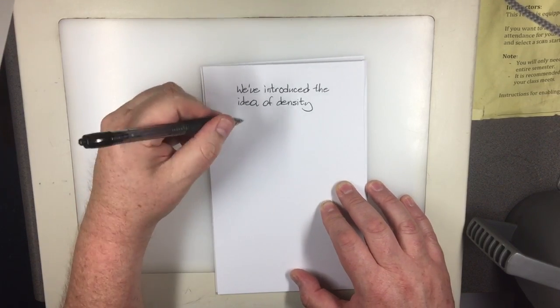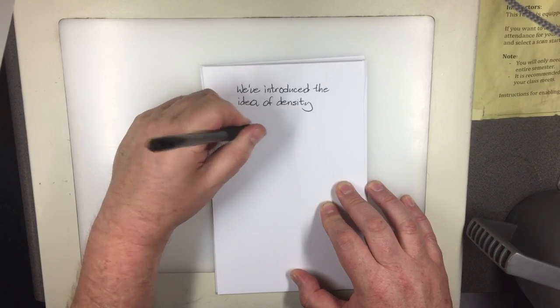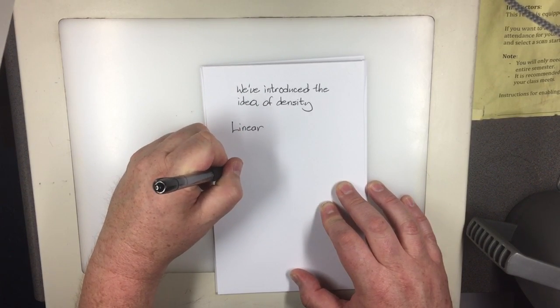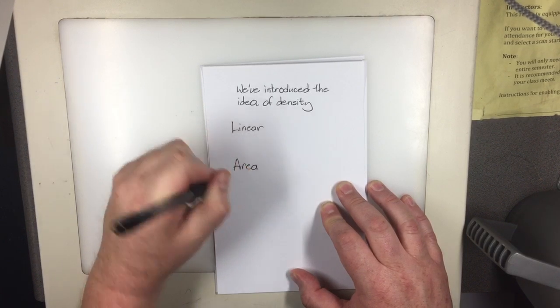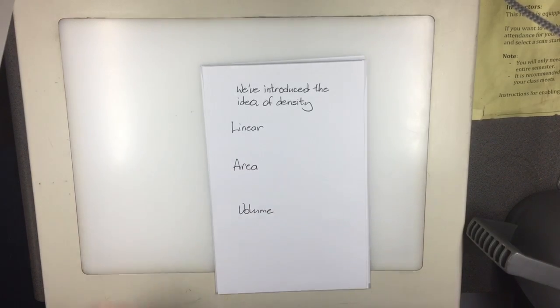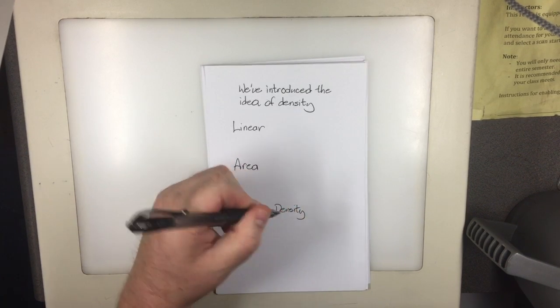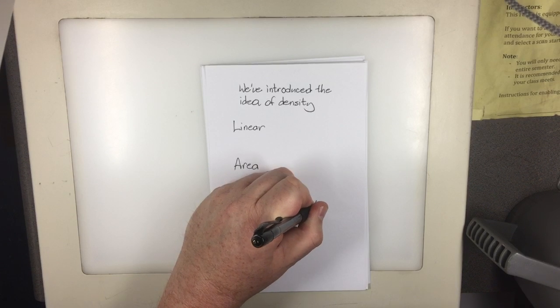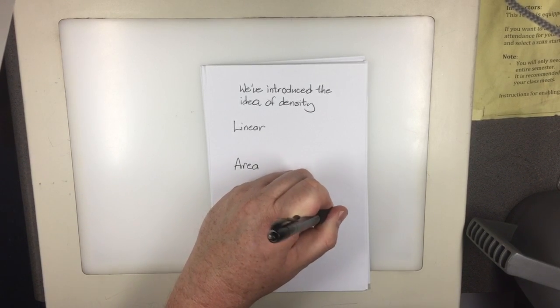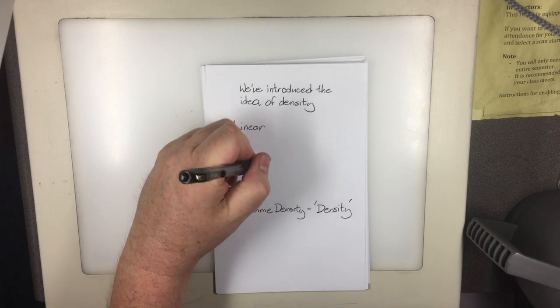And density comes in 3 shapes: linear, area, and volume. Now, we're familiar with volume density, and we typically just say density. Density is the common usage of volume density.